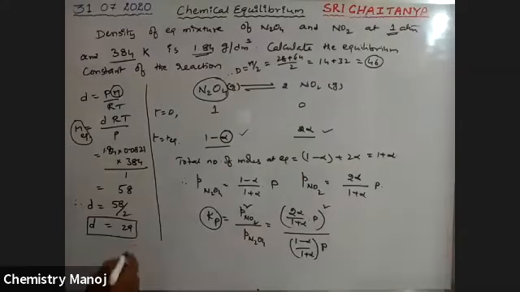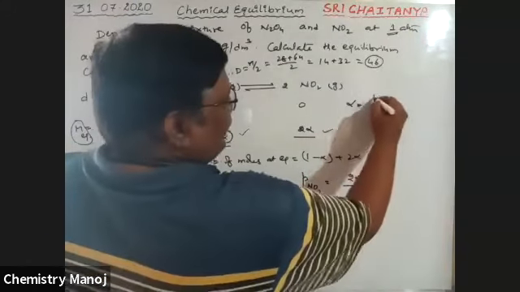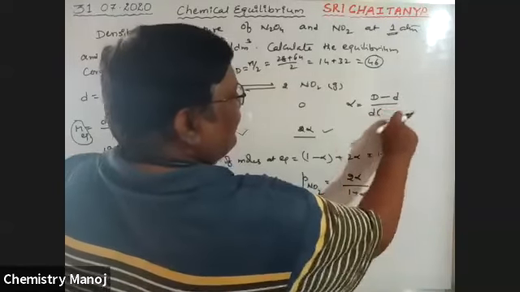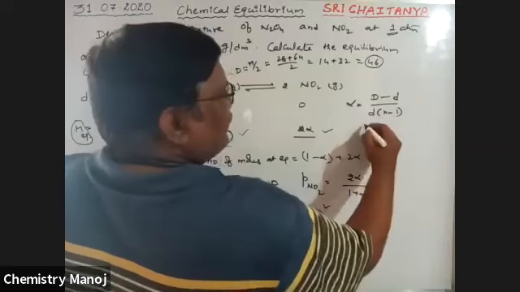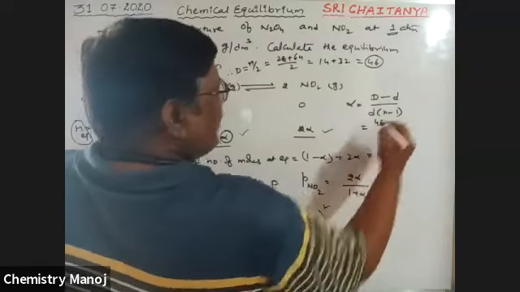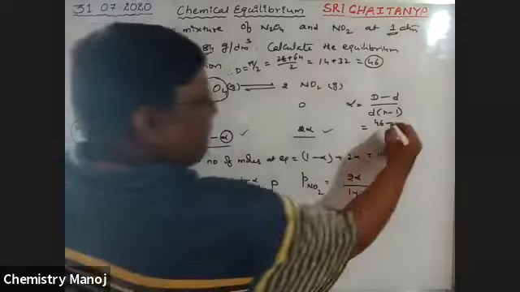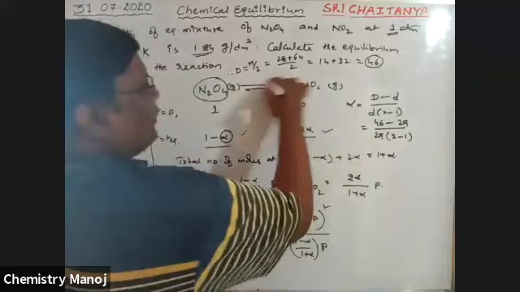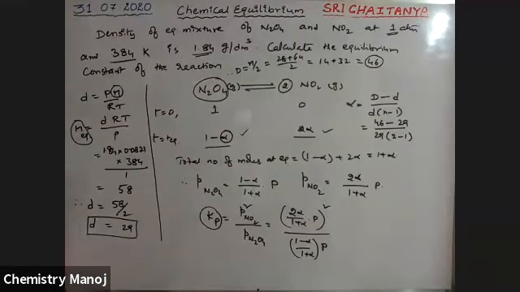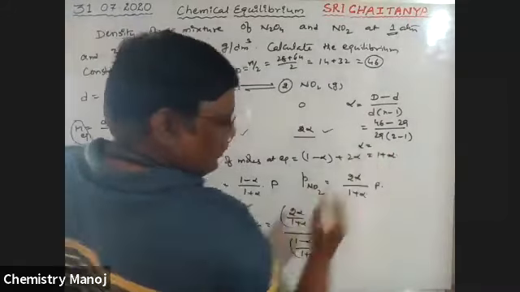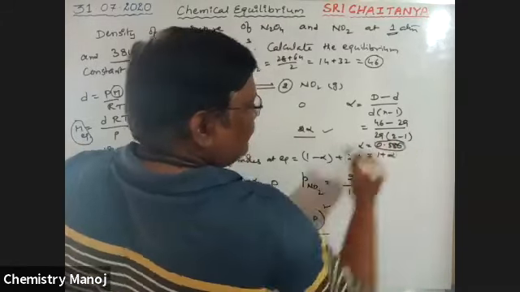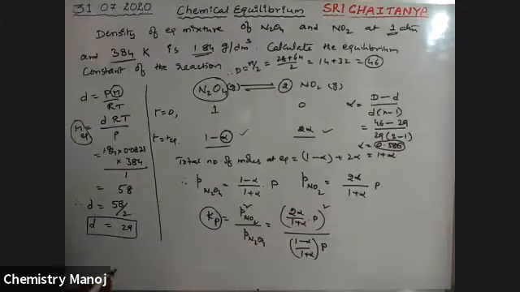This is capital D. Now alpha is equal to capital D minus small d by d into n minus 1. Capital D is 46, small d is 29, by 29 into 2 minus 1, where n is 2. So finally we get alpha value equal to 0.586.